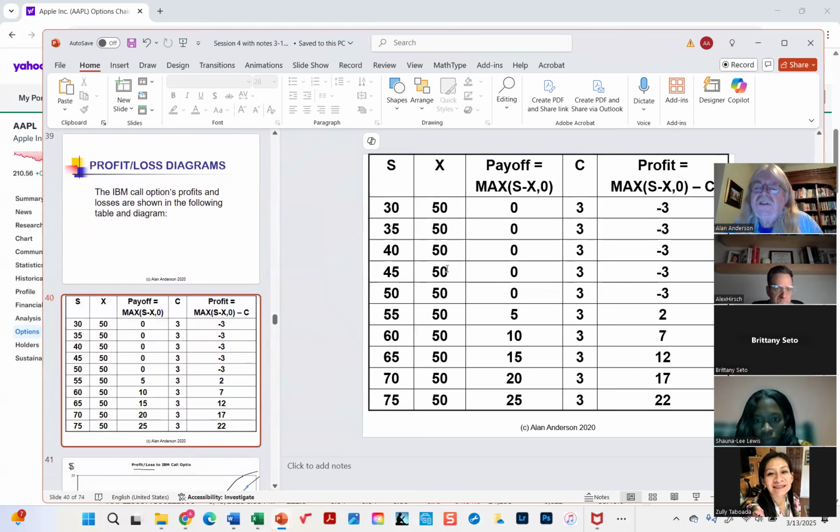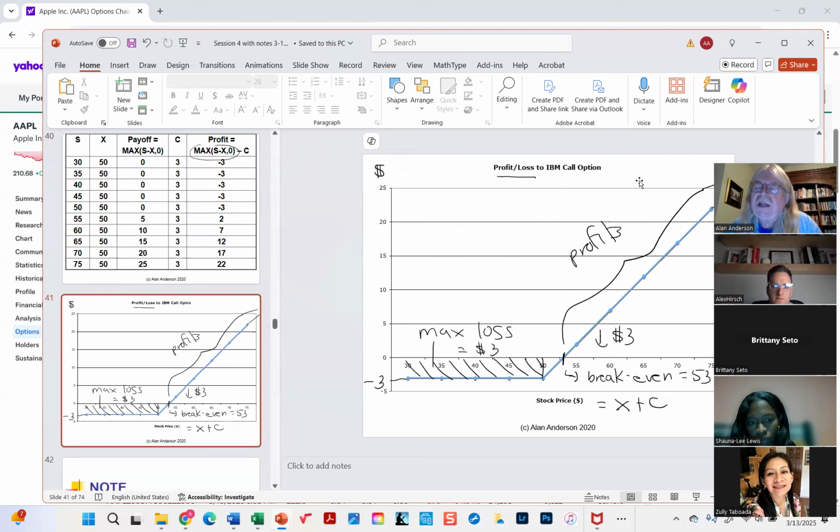Then what we're going to see here is that this chart is the same as the other one, except the $3 for the call price are here. So the profit, if you notice, is the payoff minus the call premium. All I've done is subtract $3 from each of the payoffs. Because of that, the graph has the exact same shape. It's just been shifted down by $3. And so you can see that now it's flat, and then the slope is 1 after that.